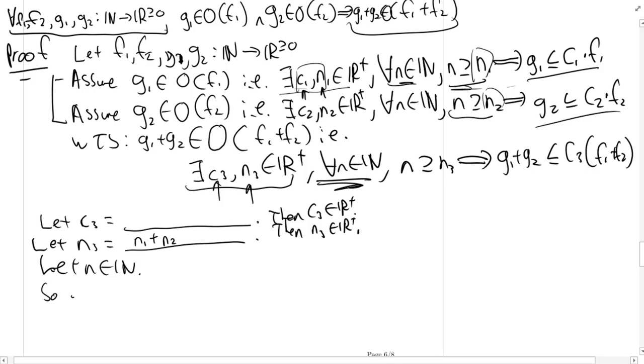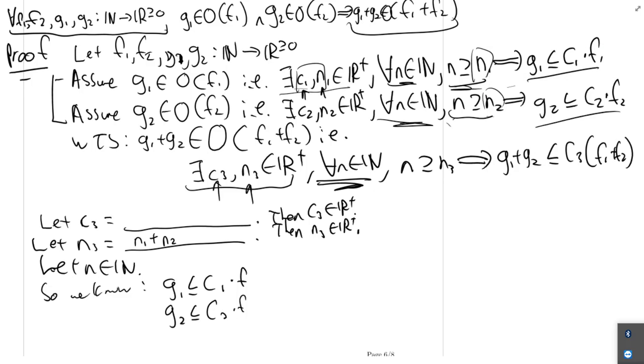So we know that G1 is smaller than or equal to C1 times F1. And before we did all this, we don't have access to it. That statement is saying that if these values exist, and if n is larger than N2 and larger than N1, then this is true, right?